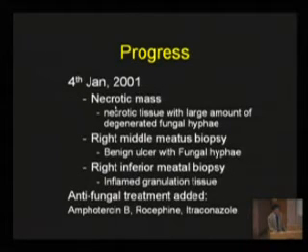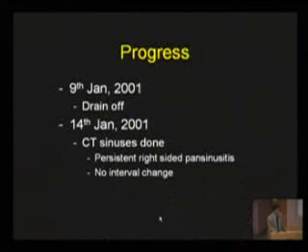As far as the progress is concerned, a few days later the histology came back with fungal hyphae demonstrated, and there was also inflammatory granulation tissue from the biopsies. Antifungal treatment was added by the pediatrician, including amphotericin B and itraconazole, and the patient was also receiving Rocephin at that time.